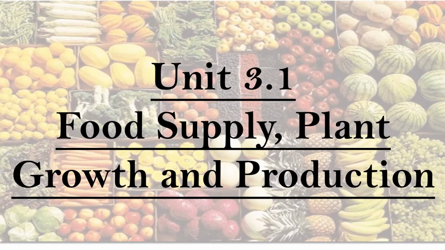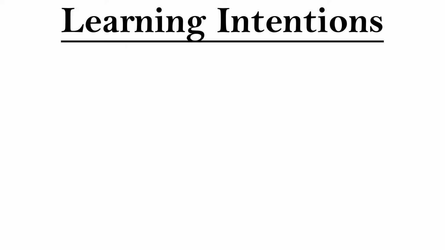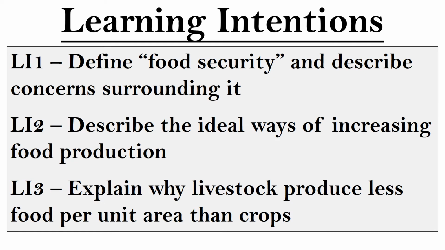So Unit 3.1, food supply, plant growth and production. Essentially this one is photosynthesis, but we're relating it to food. So what you need to be able to do for this first part, I think I've split this into four different sessions.